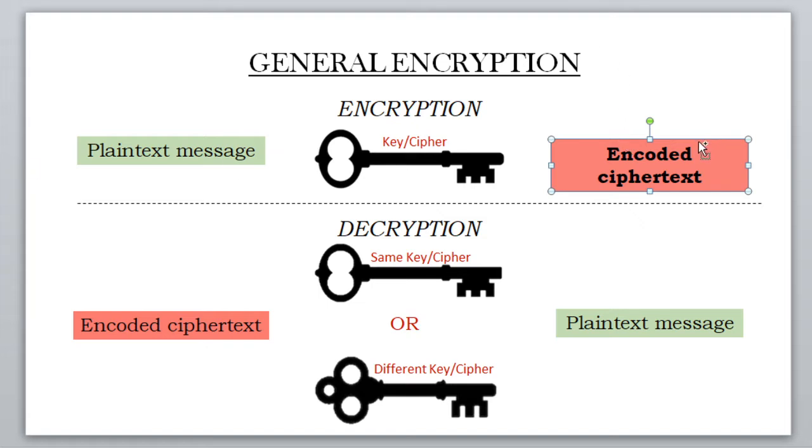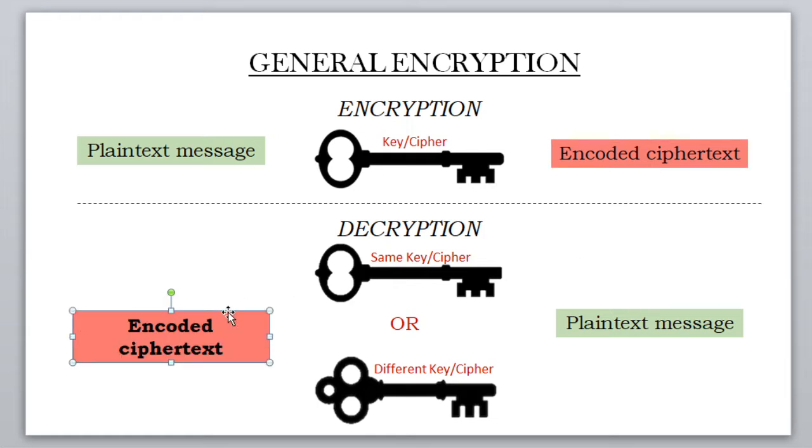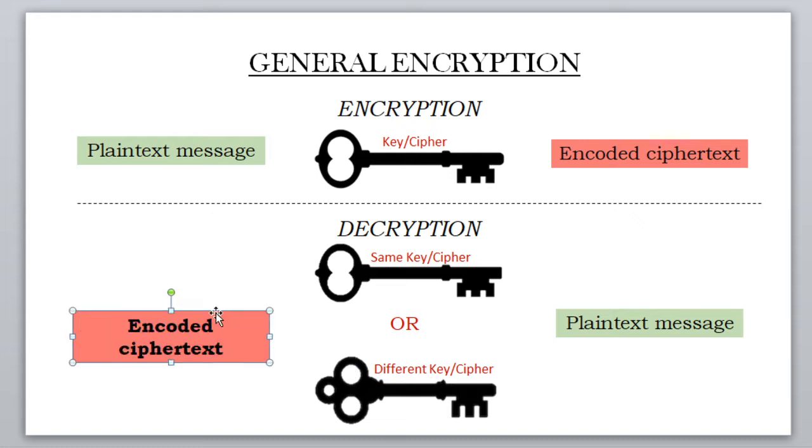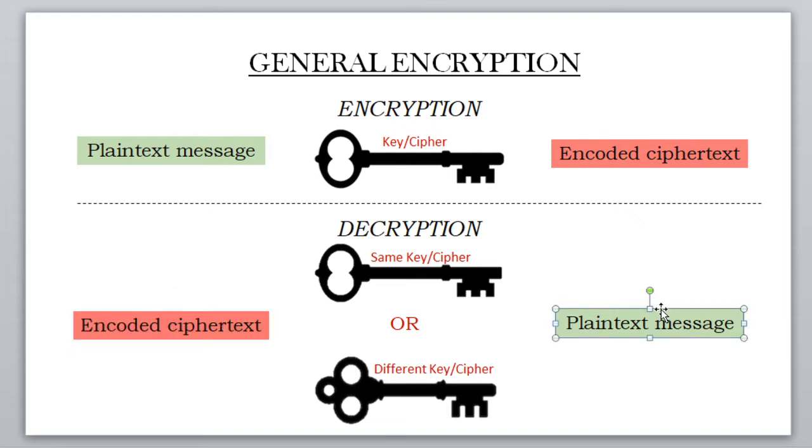Once this has been done and the message is received by the other party, it needs to be decrypted so that the receiver can understand it as well. This decryption can be done using either the same key or a different key, depending on the situation. This is done in order to transform the encoded text back into the original message for the receiver to understand.